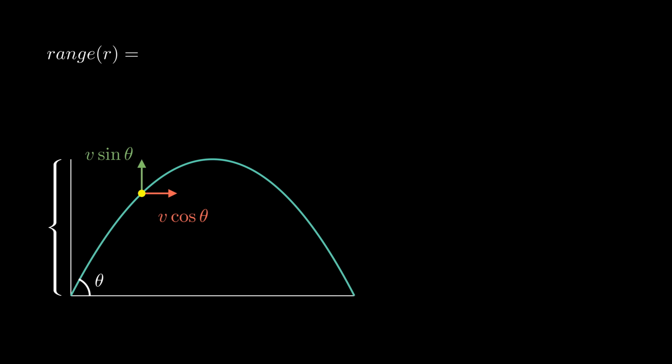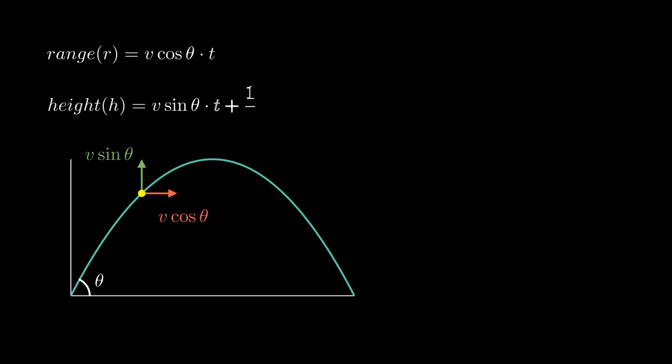Since the horizontal velocity is constant, the range will simply be horizontal velocity multiplied by time of flight. And since vertical movement is an accelerated motion, the equation for height will be initial velocity, in this case vy, which is v sine theta, times the time, plus half times acceleration multiplied by time squared.